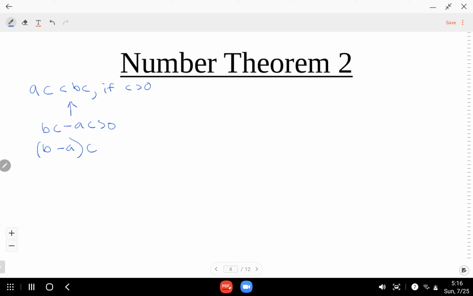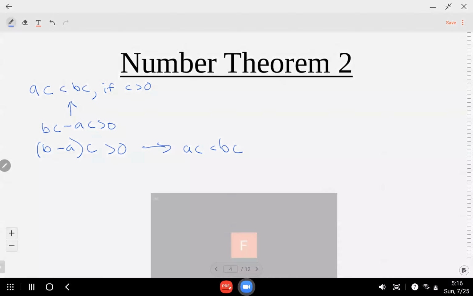Because we already know that C is greater than 0, and also that B minus A is greater than 0. Okay? So with that, the whole thing is greater than 0. Okay, and then we go back to AC is less than BC, or BC minus AC is positive. So that is how we prove our second theorem.